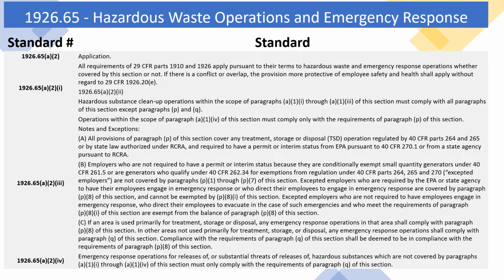(B) Employers who are not required to have a permit or interim status because they are conditionally exempt small quantity generators under 40 CFR 261.5 or are generators who qualify under 40 CFR 262.34 for exemptions from regulation under 40 CFR Parts 264, 265 and 270, ("excepted employers"), are not covered by paragraphs (p)(1) through (p)(7) of this section.